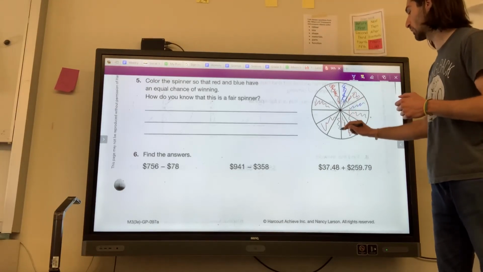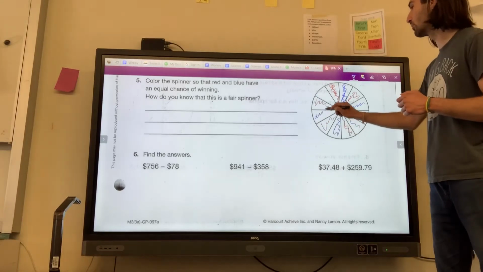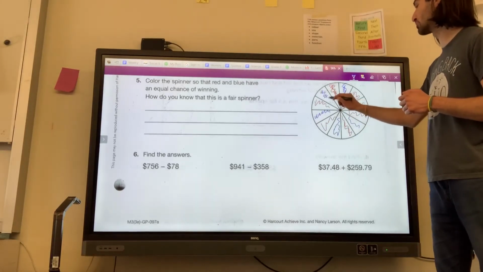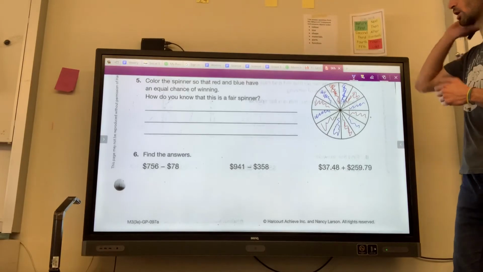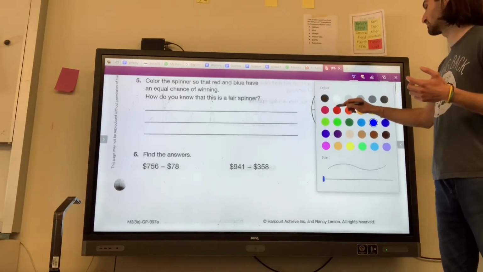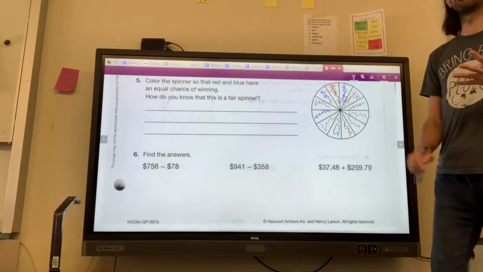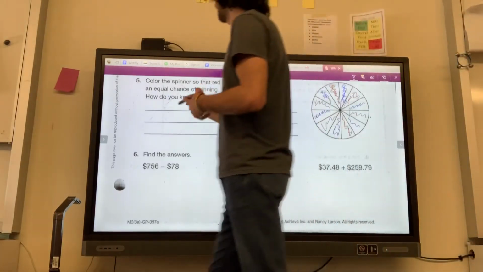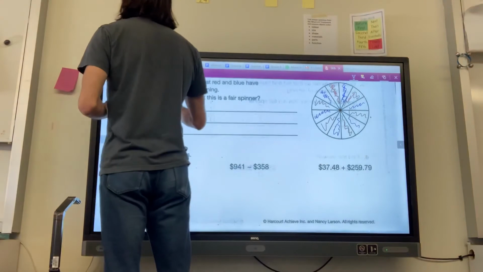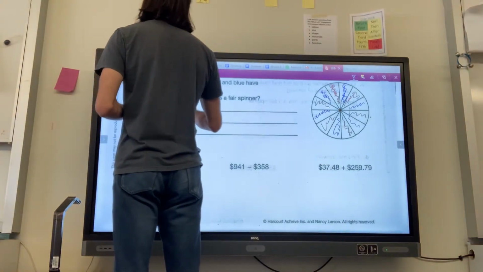So the next part of the question reads, how do we know that this is a fair spinner? Well, I know it's a fair spinner. Let's go over this. I know because there's the same amount of reds and blues. That's what I'm going to say.